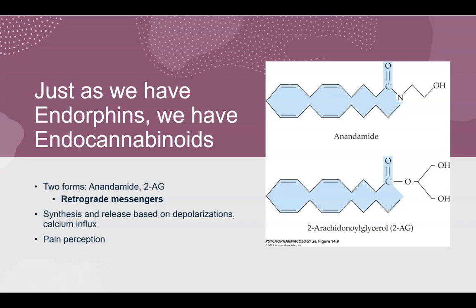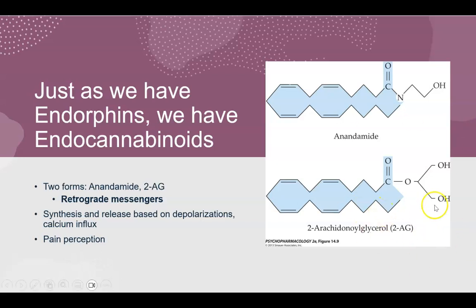We have what are called endocannabinoids, and we have two different versions. We have what is called anandamide, and part of the reason that it got the name anandamide is because that comes from the Sanskrit word ananda, meaning bringer of inner bliss and tranquility.